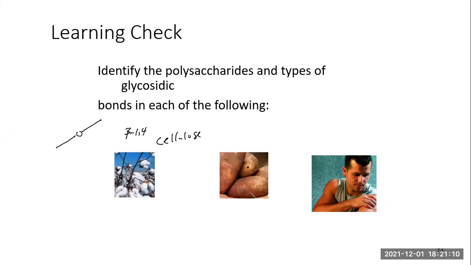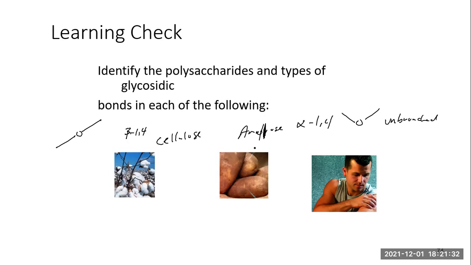Here we have both of them. We have amylose, which is our alpha 1,4 connection, looking like that. That is the unbranched, straight across, guys.